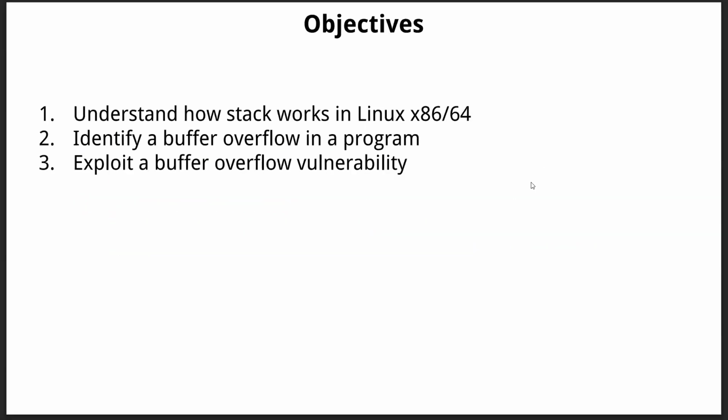So the objectives here: you need to understand how the stack works for Linux, for x86. This is the CPU we're talking about. Then you should be able to identify some obvious stack-based overflows at a source code level and also at a binary code level. When you are trying to hack something, you do not necessarily always have the source code.